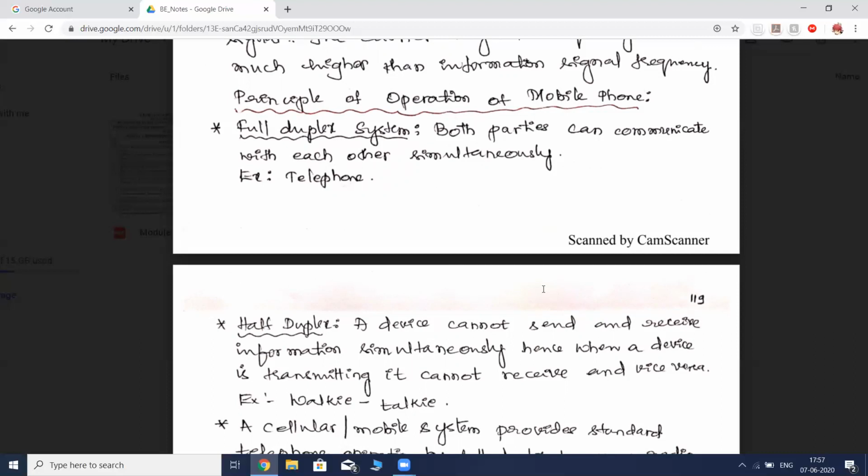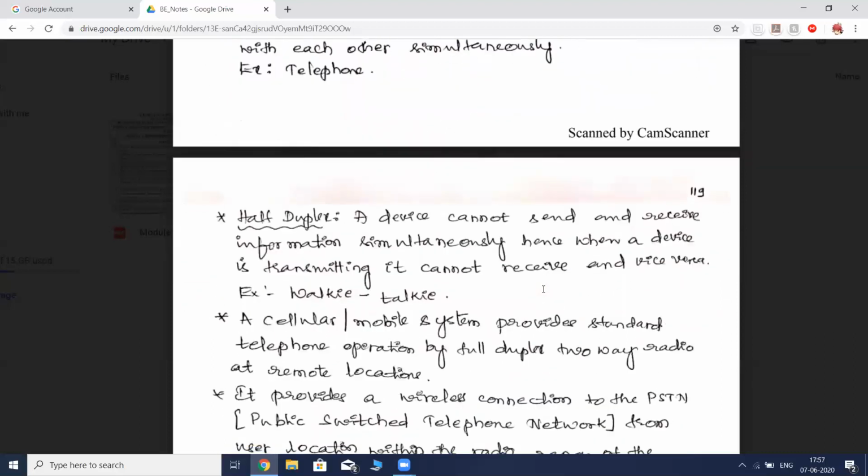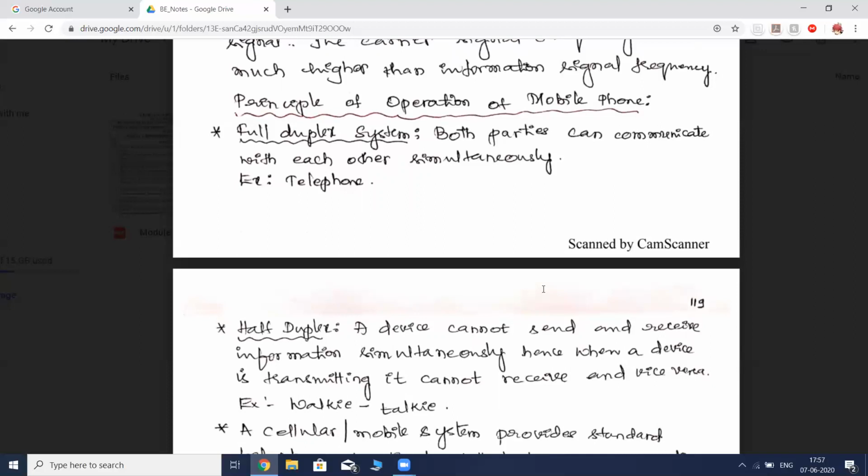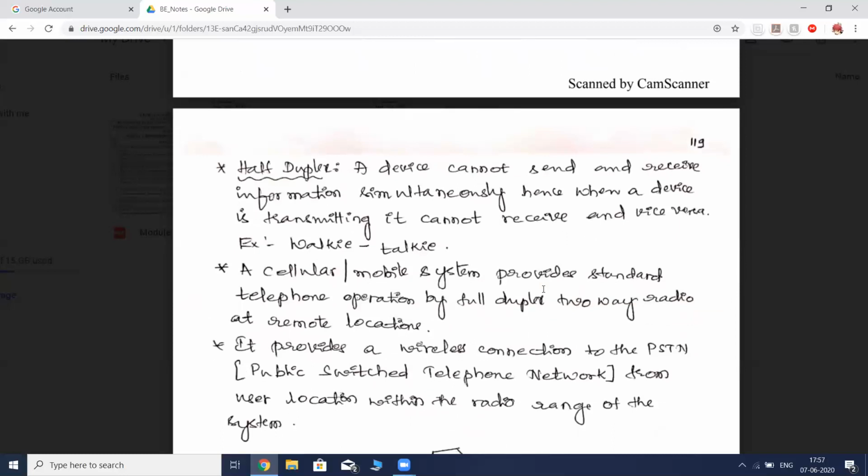The best example is the telephone. You can transmit as well as receive at the same instant of time. That is very important. These are the two different types of systems that we are going to use.